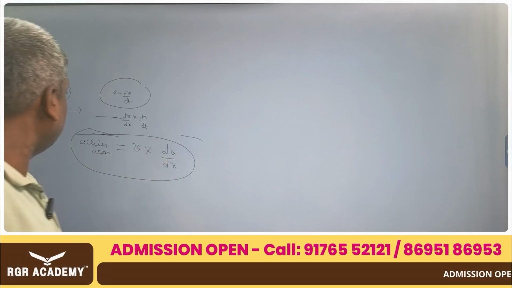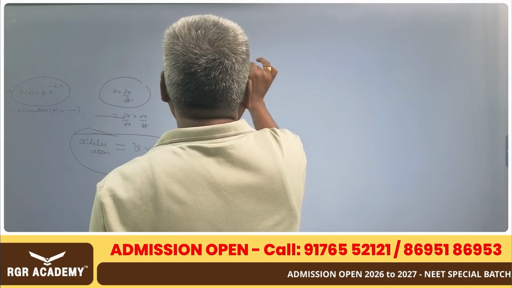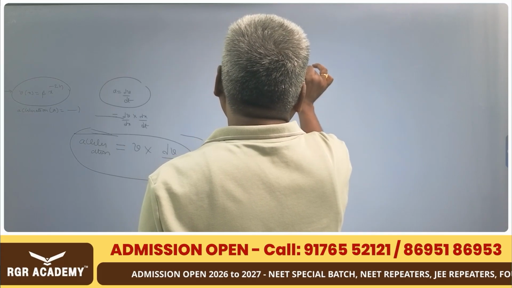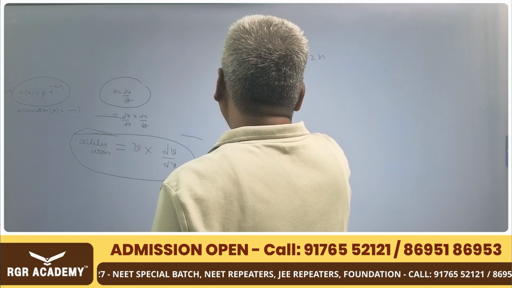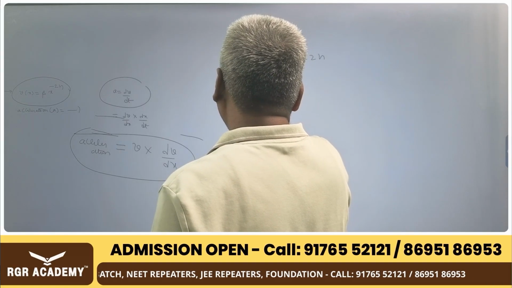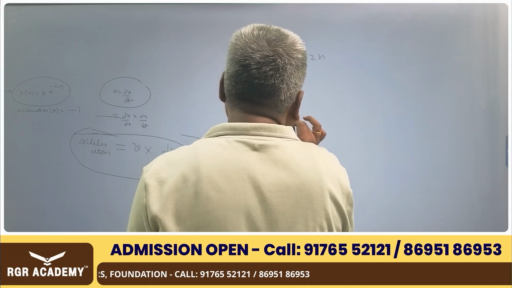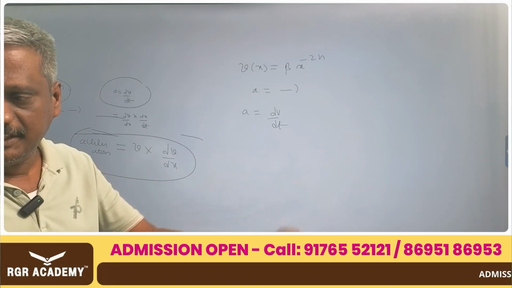Right. Now, suppose the velocity is given like this. Beta into x power minus 2n. What is acceleration from this? What is the acceleration definition? dv by dt. The rate of change of velocity.